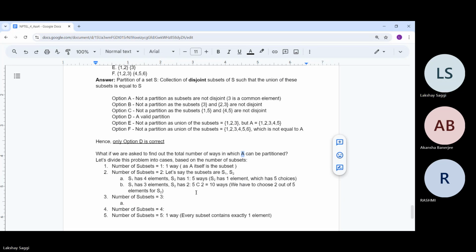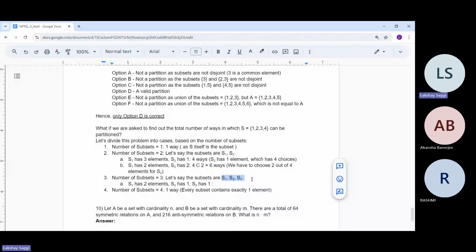So what I'm saying is, this is the only case possible. No other case is possible. This is what I'm claiming. Because I'm assuming that S1 had the highest number of elements, because we can always rearrange their order since ordering does not matter to us.